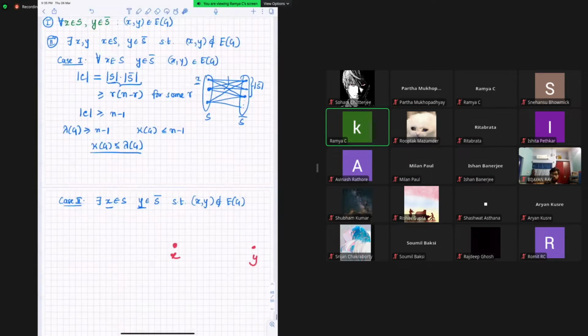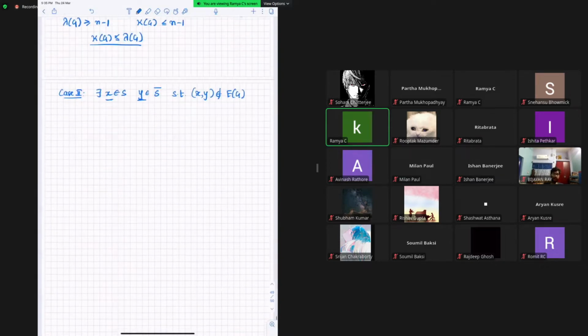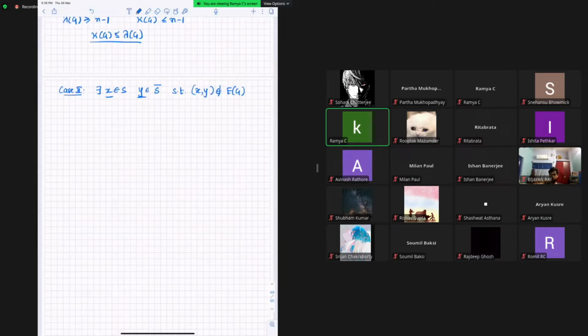These two are not adjacent, but there might be paths that connect X and Y in G. The only information I have is that there is a set of edges I can remove that disconnect the graph. Now I want to construct a set of vertices such that if I remove them, there is no path from X to Y. That's what I want: to disconnect X from Y. In that case, I can say that the graph is disconnected. I have to construct such a set of vertices.